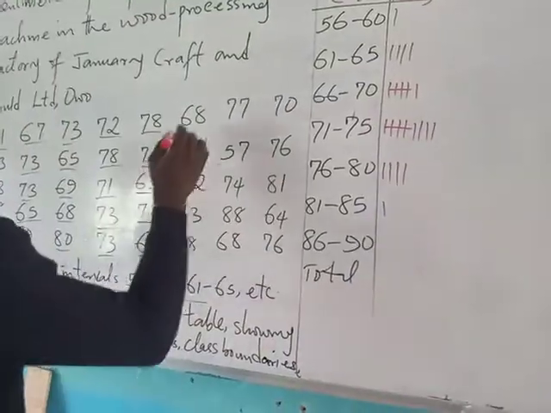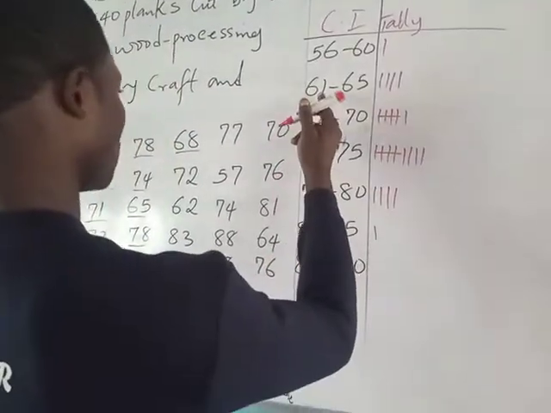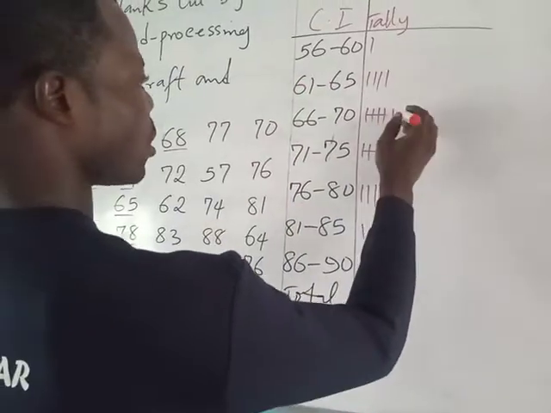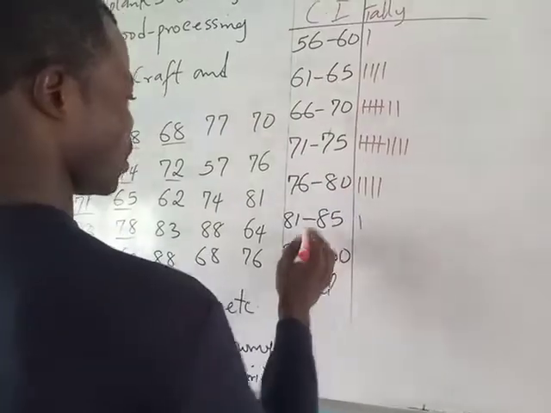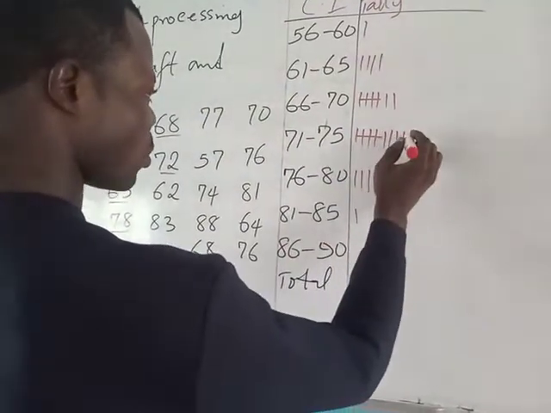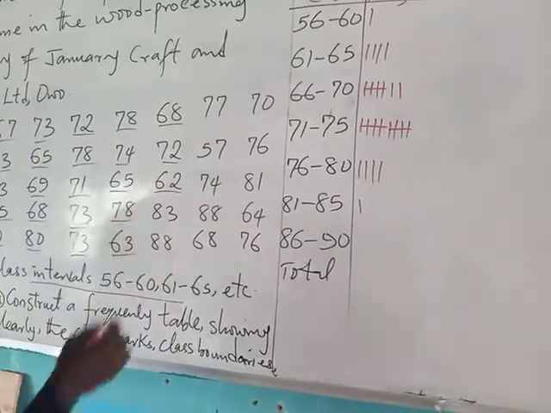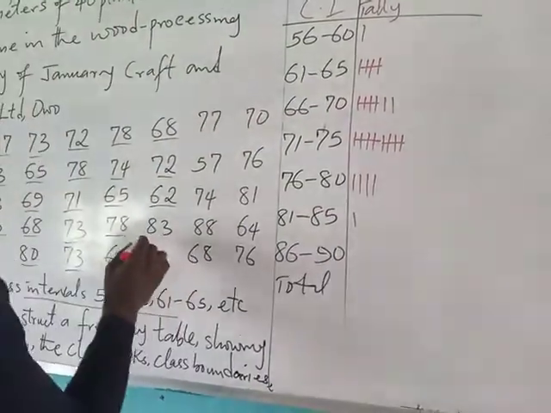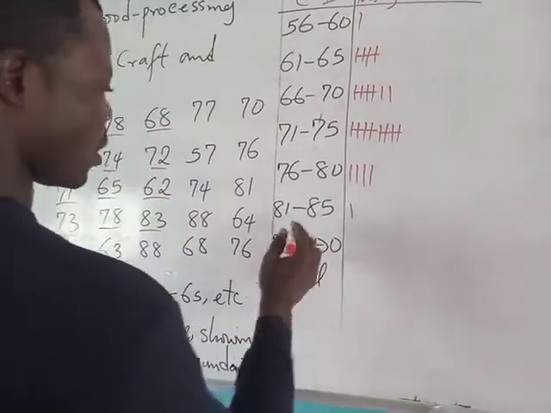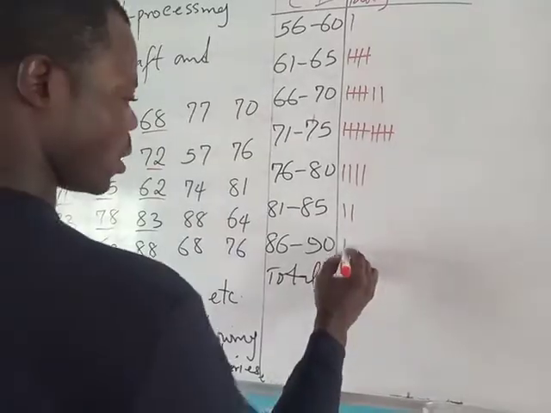We have a 68 here. We have a 72 here, and we cross it again. We have a 62 here, and we cross it. We have an 83 here, and an 88 here, of course.